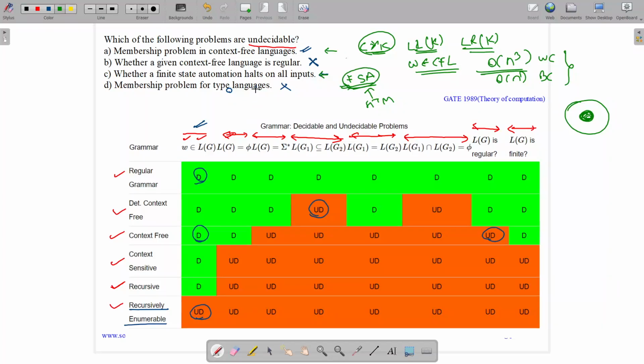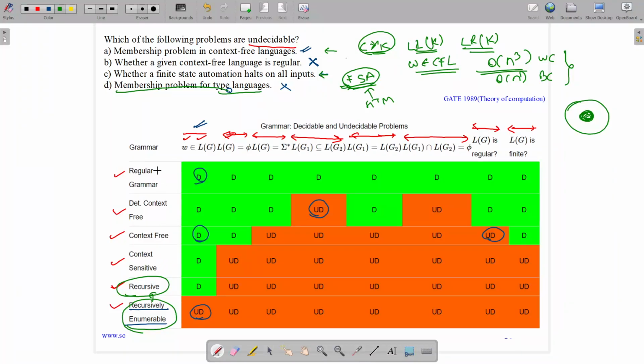Now let us see option D. What is a type 0 language? A type 0 language is a recursively enumerable language. All recursively enumerable languages are not recursive, and hence cannot be necessarily modeled by a halting Turing machine. So there may be some cases of rejection of input, and the Turing machine may not halt for some of the input.